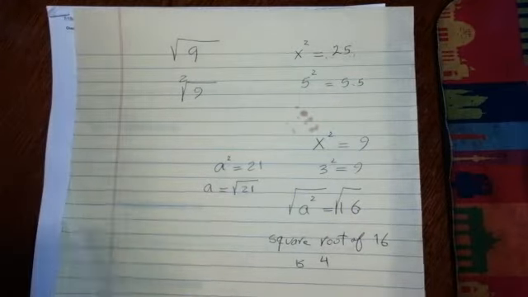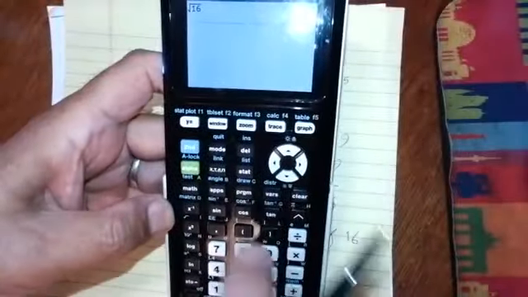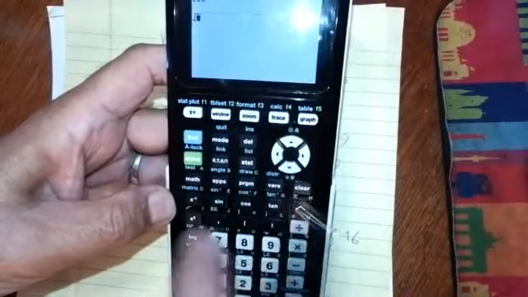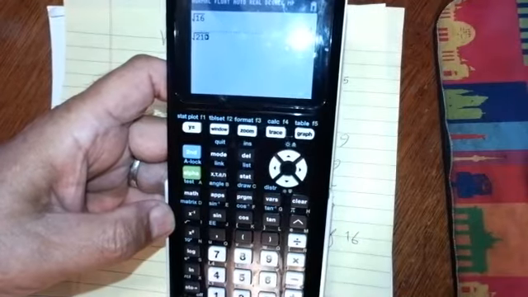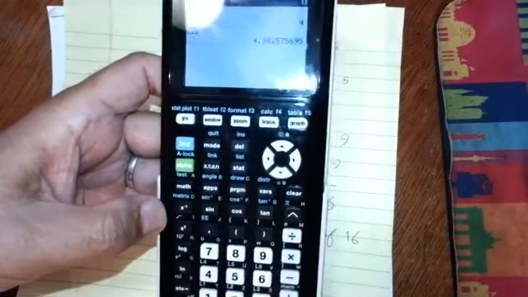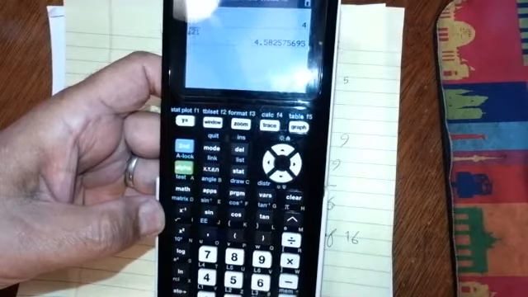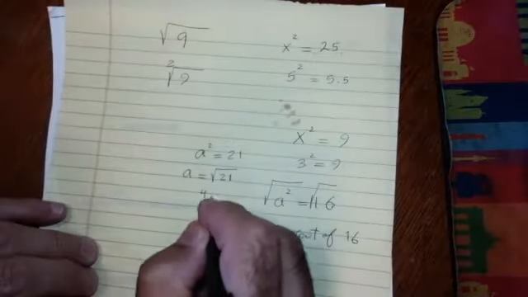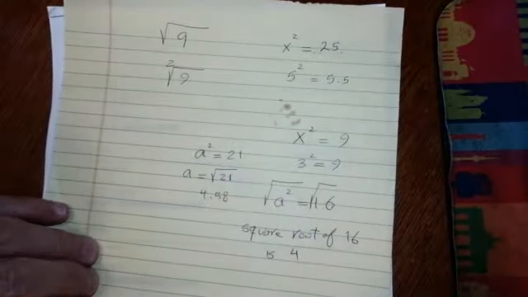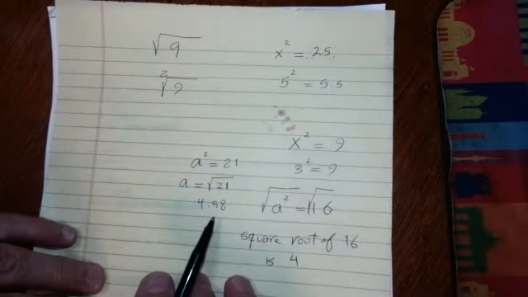You find the radical on your calculator, put 21 here, and it gives you a decimal number, 4.58. That's why we couldn't guess that, because it's hard to find the decimal number.